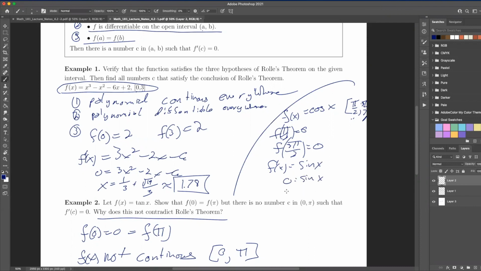That means x is equal to, technically when you solve this out, if you remember how to solve trig equations, 0 plus 2n pi, and then pi plus 2n pi. But we only care about what's in the domain. What's in the domain? Pi. And so here my f prime of pi, we'll see, is equal to 0, which satisfies the theorem.